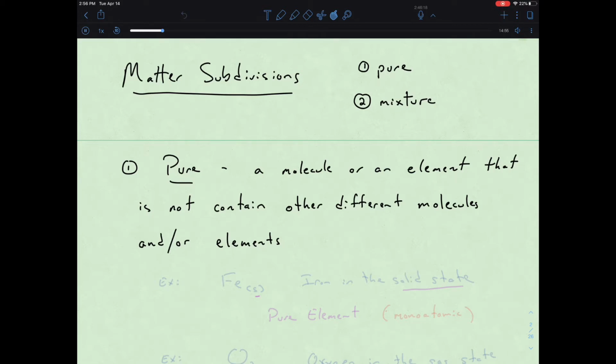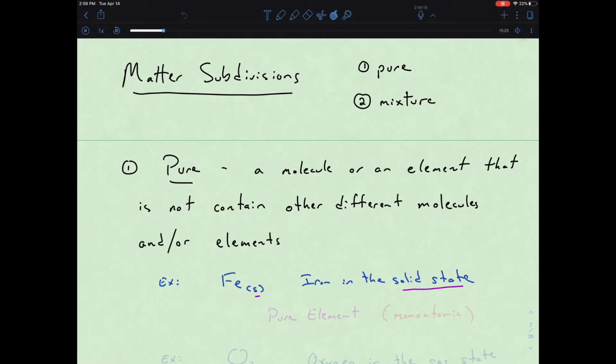We could talk about that in a couple different examples, right? As far as, here we have iron in the solid state. And we see that solid state from the little s.